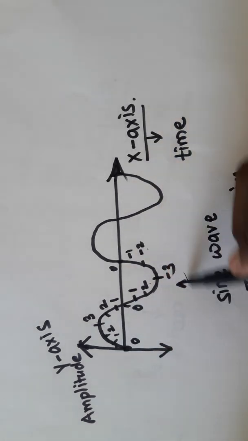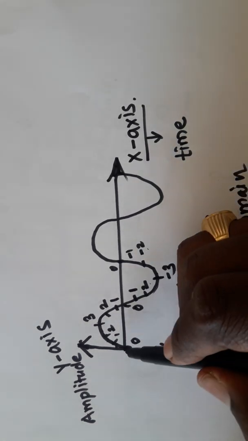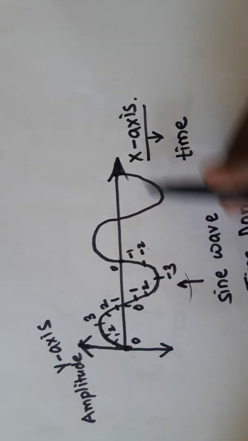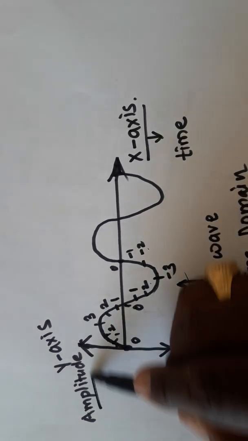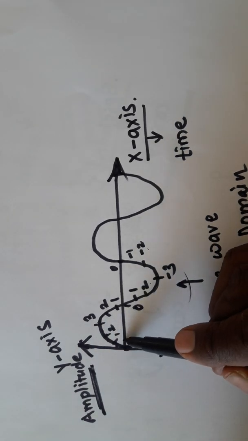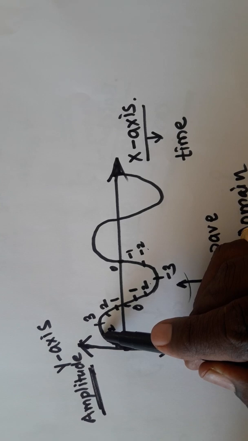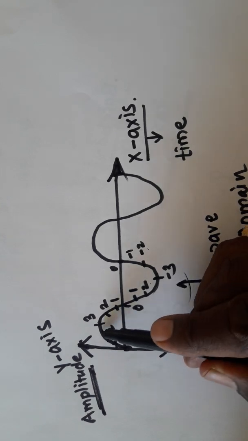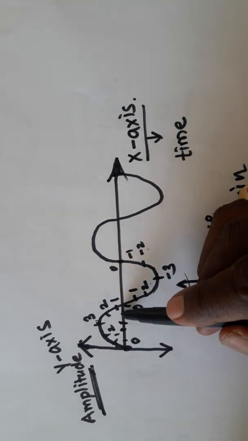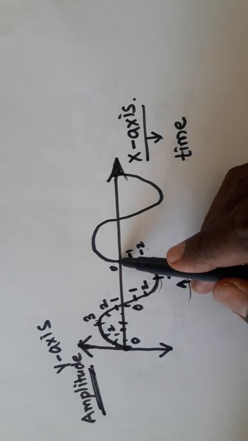These are nothing but the variations in voltage. So these variations with respect to time are plotted here, and these variations are labeled as amplitude. At this point the amplitude is 1, at this point the amplitude is 2, at this point the amplitude is 3, and similarly up to this point.